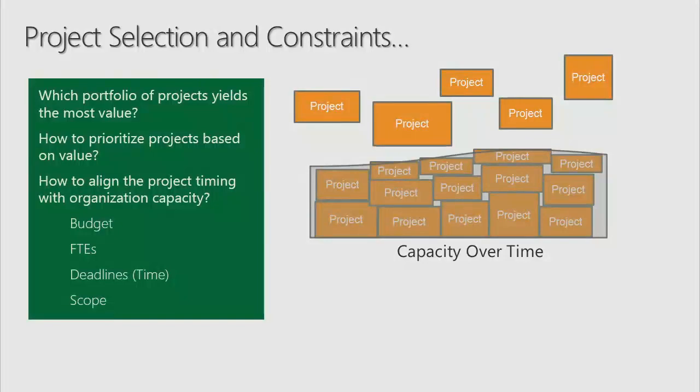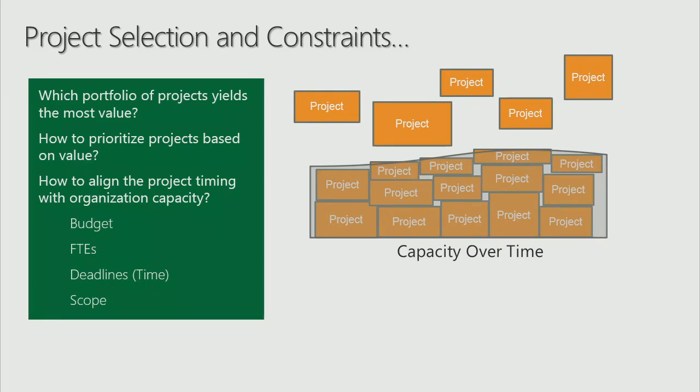So a little bit more about project selection and constraints. We can agree that we want to identify the portfolio projects that yield the most value. We need to understand how to prioritize them based on this value. This is where our business driver analysis really helps. But once you have those projects in mind, it's important to align them to an organization's capacity.